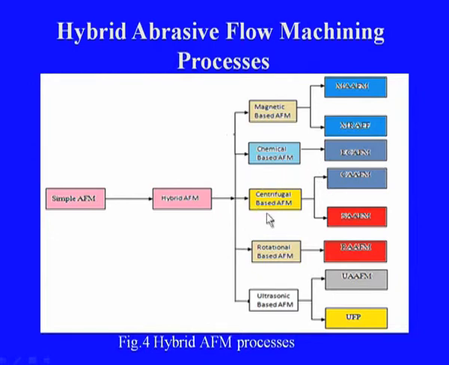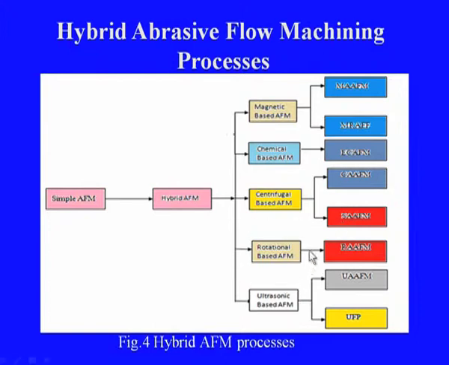Then centrifugal based abrasive flow machining, in which centrifugal assisted abrasive flow machining and spiral assisted abrasive flow machining, these two have been developed and it was found that they are working well as far as the enhancement of the process performance is concerned.